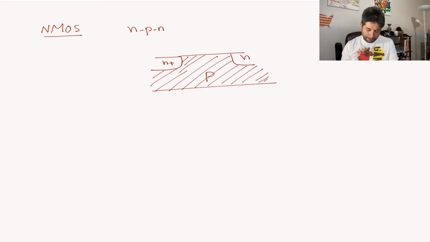We have another terminal that is made of polysilicon, and in between the P and this polysilicon, which is the gate, we have silicon dioxide.